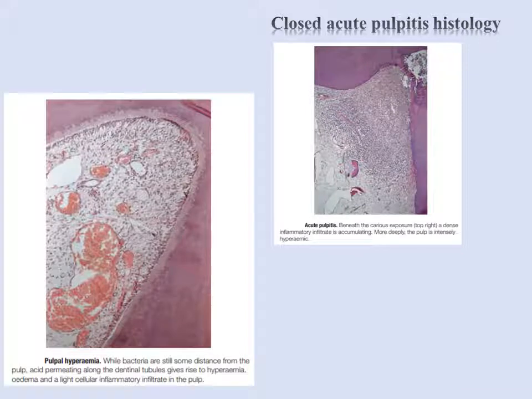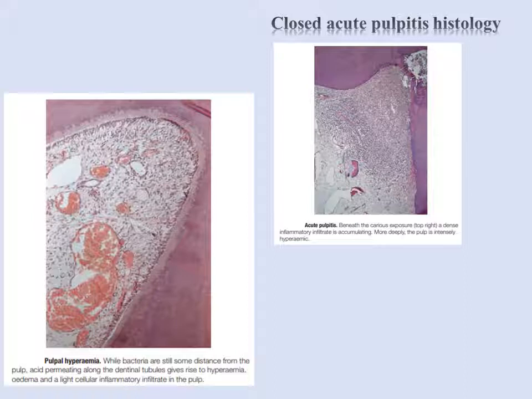Okay. Now we have two histological or histopathological sections. On our left side, hyperemia; on our right side, acute irreversible pulpitis. If we recall, in hyperemia we have enlarged blood vessels, an increased number of blood vessels, an intact odontoblast layer, pre-dentine, and inflammatory infiltration.